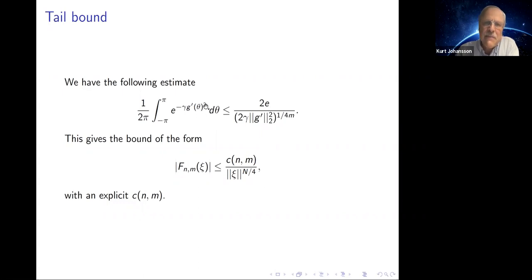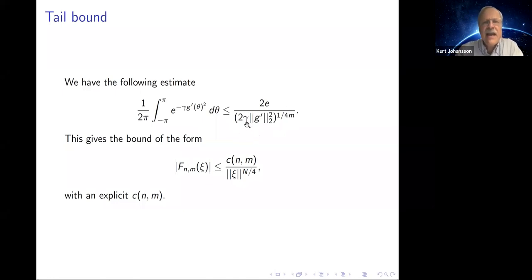But g prime theta squared is a trigonometric polynomial of degree 2m. So potentially it could have a zero of order 2m. Of course, that's very unlikely to happen, but it could happen. I cannot exclude this. So if I want a uniform bound now for all choices of psi, for some choices of psi, I could have a zero of order 2m.